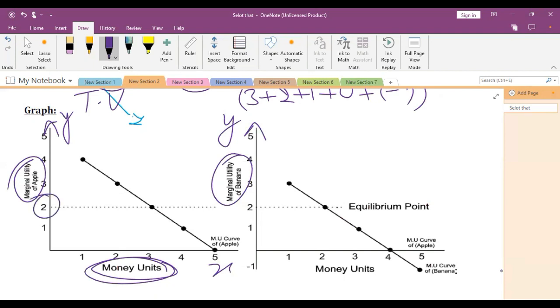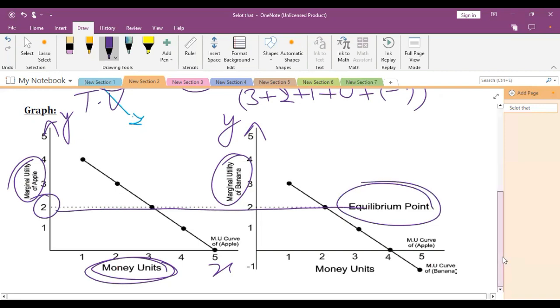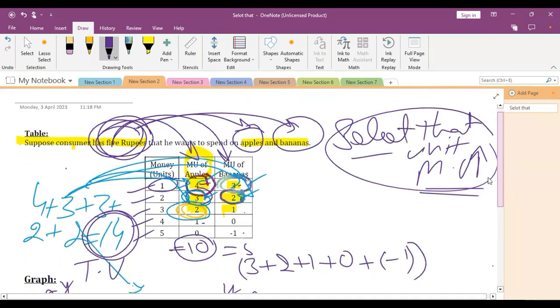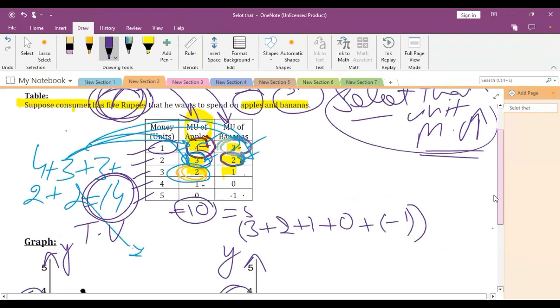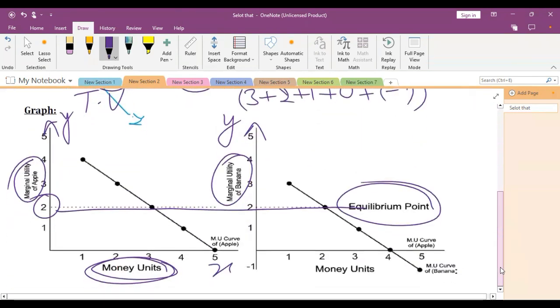At point 2, the consumer is at equilibrium point as he has got maximum satisfaction through consumption of different products. So point 2 is the satisfaction level.